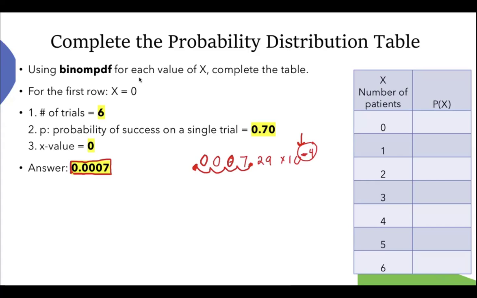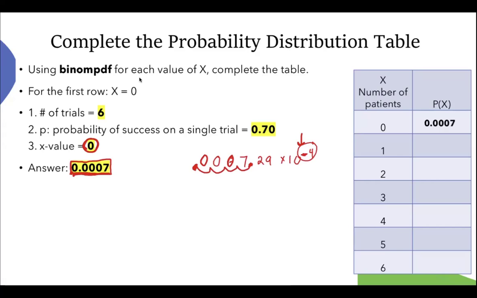If it was a positive value, you would move it to the right, but we don't see that this semester. We're always going to see it on the left side. So our probability, and this is super small, the probability that nobody in our sample is successful is 0.0007. And we put that in the table in the first row when x equals 0.